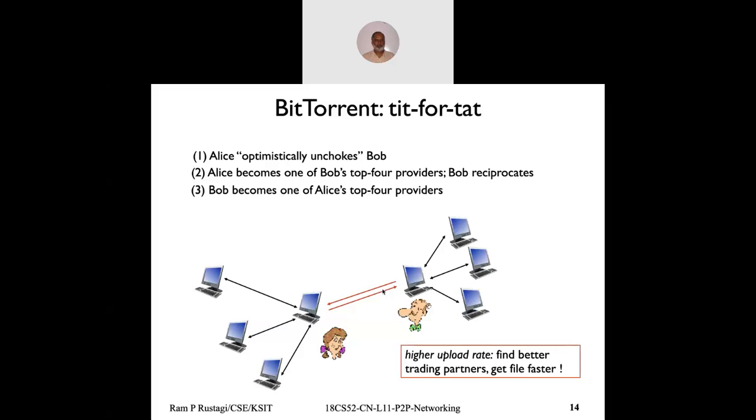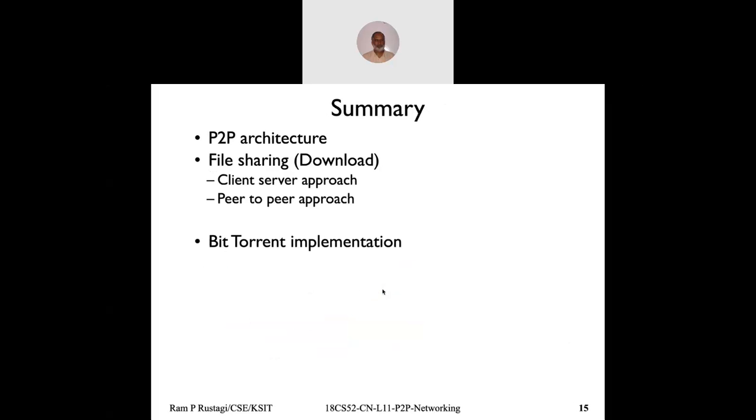Because you want to be mutually beneficial, you need to be encouraged. If people help you, you want to help them out first. And that technique is what is called tit for tat. Of course, there are mechanisms by which people can misuse or abuse it, but for all practical purposes, it does not happen, and it works beautifully. If it was not for the tit for tat strategy, BitTorrent wouldn't have been as successful as it is today.